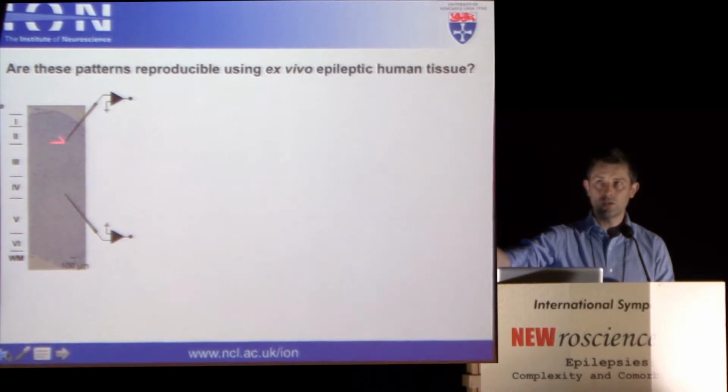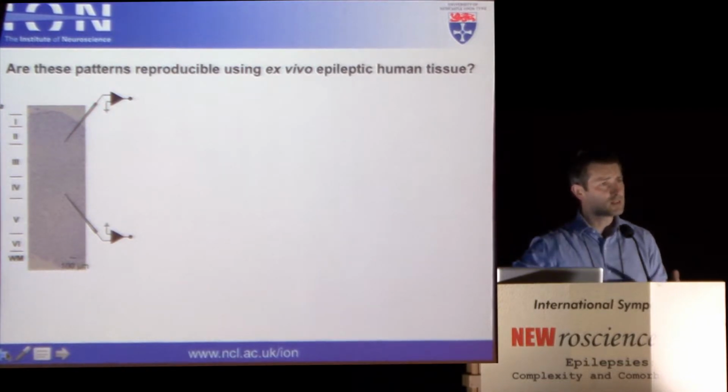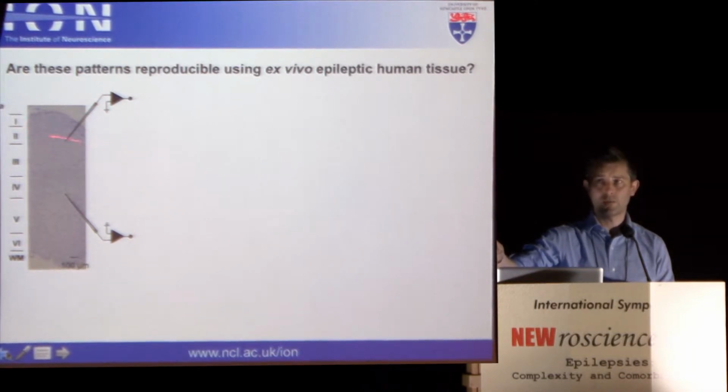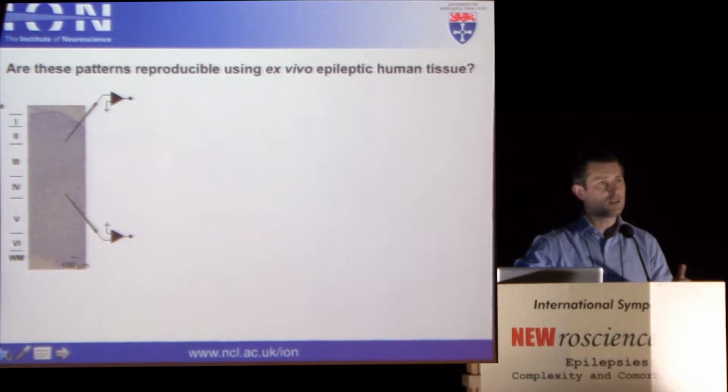And the techniques that we use are predominantly extracellular local field potentials, which essentially give us a manifestation of the signal that underlies the EEG. And we can put in multiple extracellular electrodes to look at the location of various types of pathological activity. We can then post hoc stain the slice. This is just a Nissl stain, and then we get an idea of the location of where our recording electrodes were.